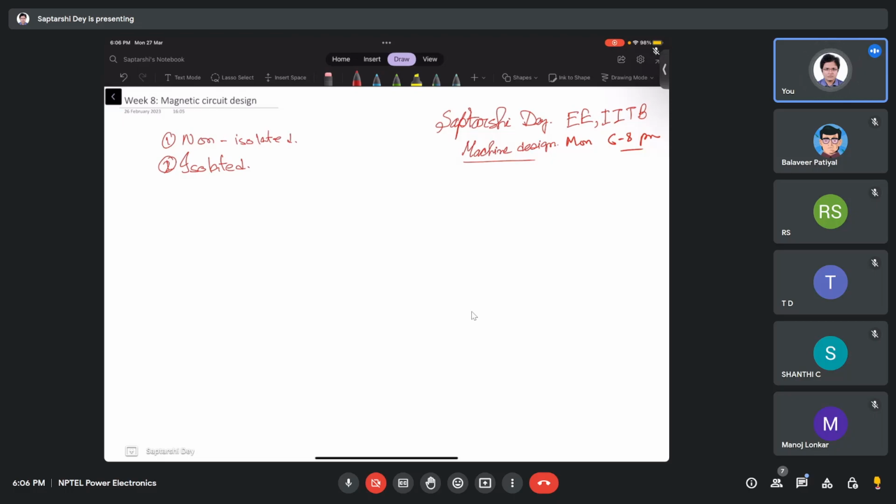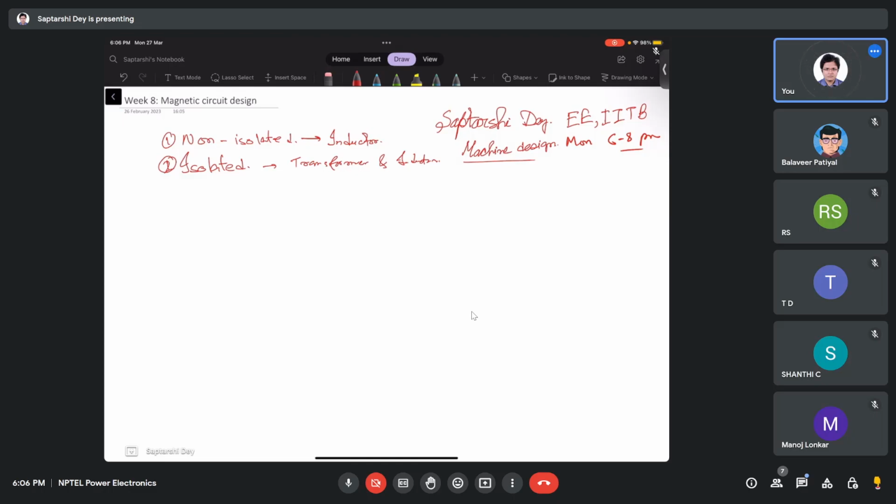In non-isolated DC-DC converters, what we need is the inductor, and in isolated DC-DC converters, what we always need is a transformer, and sometimes an inductor. So when we say magnetic circuit design for a power electronic converter, we mean the design of these two components, inductors and transformers.